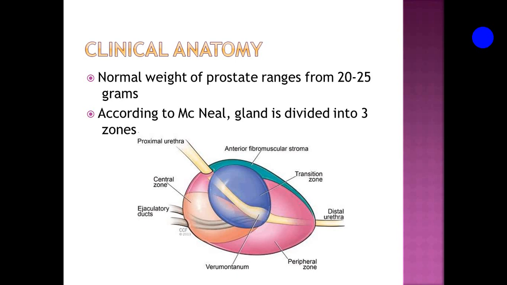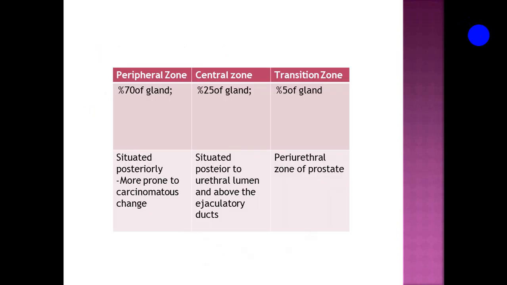According to McNeal, one of the scientists interested in urology, the gland is divided into three zones: the peripheral zone, which consists of 70% of the gland; the central zone, which consists of 25% of the gland; while the transition zone, which is affected in benign prostatic hyperplasia, is 5% of the gland.